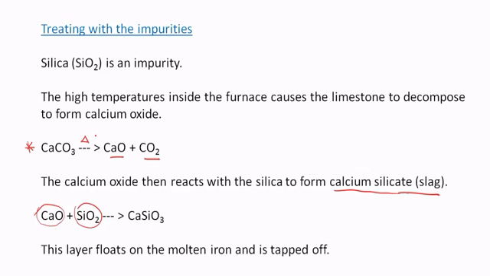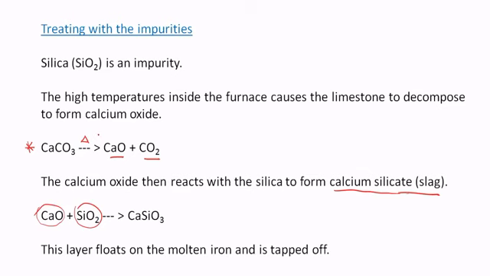At the bottom of the activity series, these are the least reactive elements, and they usually exist in their free state. For example, gold. If they do exist as a compound, you just have to heat it strongly and you'll extract the metal. And metals in the middle of the reactivity series can be reduced using carbon or carbon monoxide.